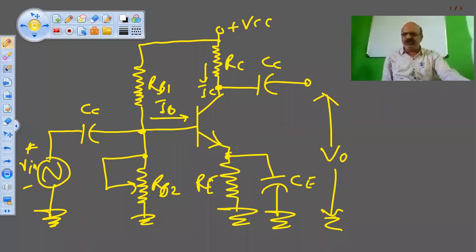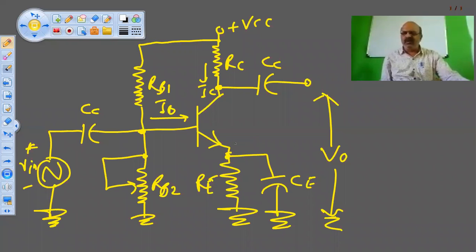It provides the short circuit for the AC signal. So you can say that now your emitter is at a potential equal to ground. C is providing the short circuit path to the ground. For DC signals, it is not at ground potential.